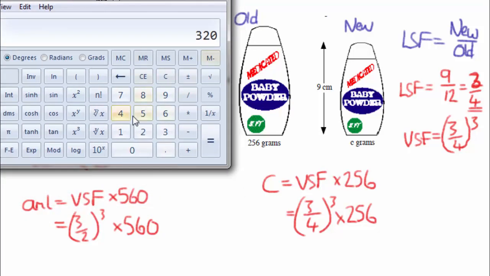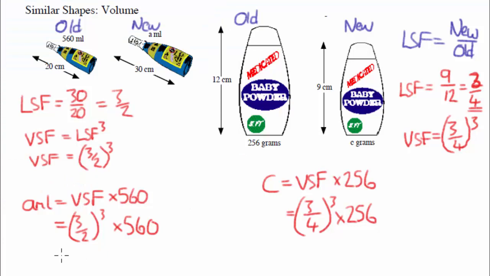Right, so I'm just going to say 3 divided by 2, we're going to cube it. Okay, and then we're going to times that by 560. And that gives me a volume of 1890 milliliters.